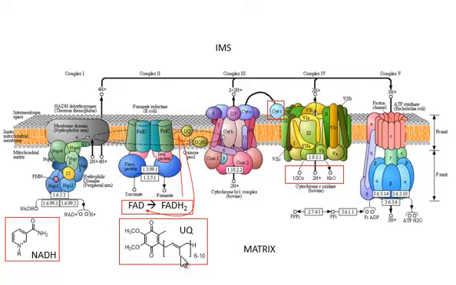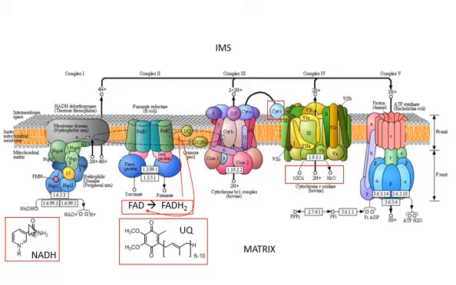Ubiquinone, which is lipophilic, sits in the membrane, picks up the electrons, and is reduced, becoming UQH2 typically. That ultimately passes its electrons on through complex 3 to a protein called cytochrome C, and then in complex 4, cytochrome C passes its electrons on to dioxygen.